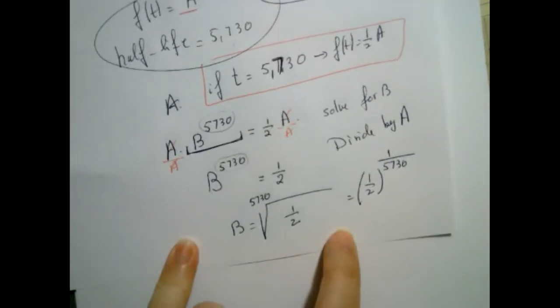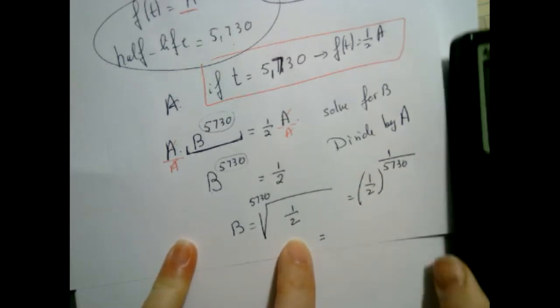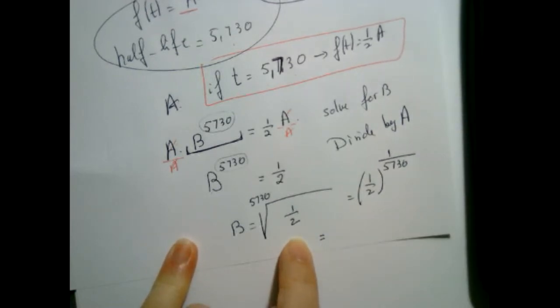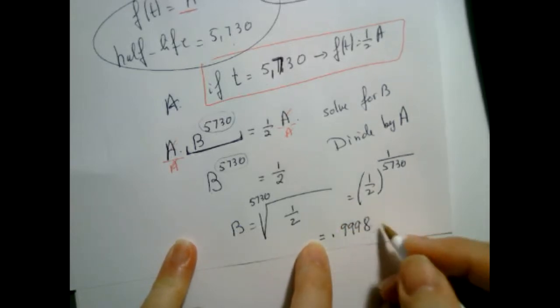The rest is computational. So I'm going to get 0.5 to the power 1 over 5,730, and I'm getting 0.9998.